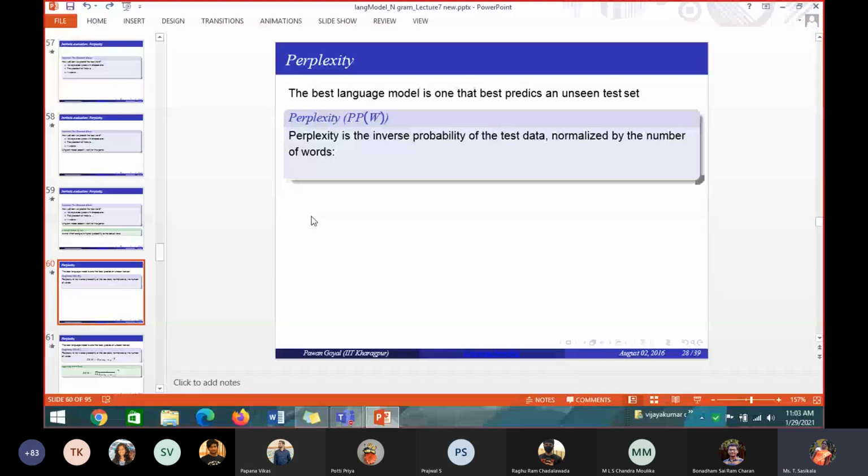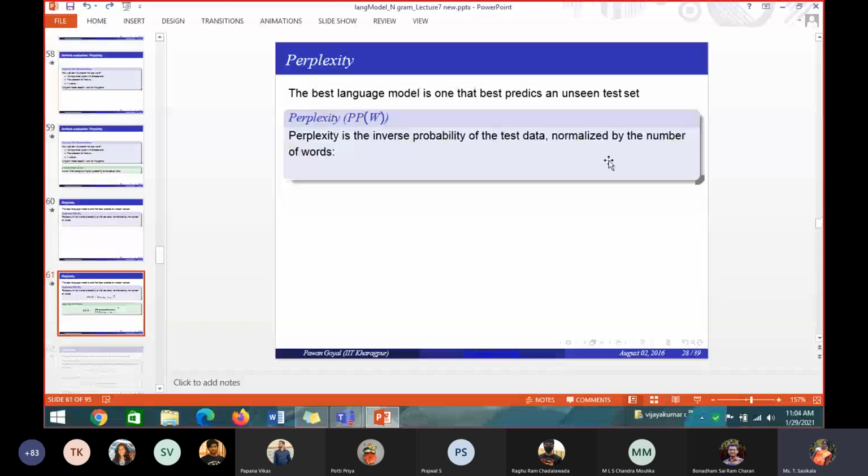I am finding the inverse probability of the test data, normalized by the number of words seen in the test data. That gives the perplexity. So perplexity is the inverse probability of the test data, normalized by the total number of words present in the test data.